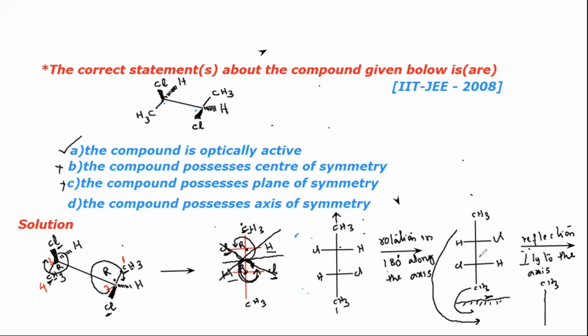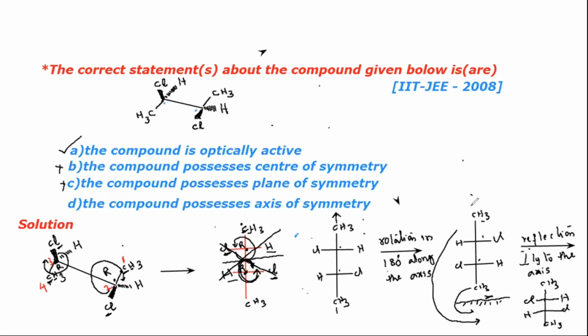Now it becomes the second carbon, on which Cl and H are present as they are. It will be the third carbon, on which two groups are also present as they are. Now it will be the bottom carbon. So we get this structure after reflection of the molecule perpendicular to the axis.